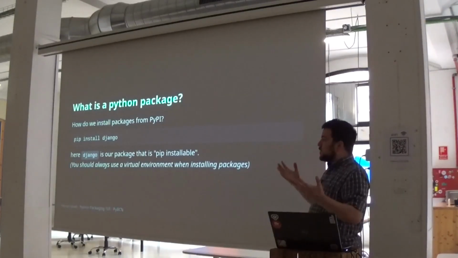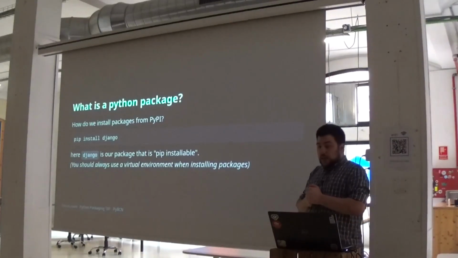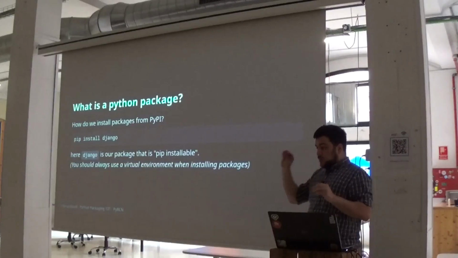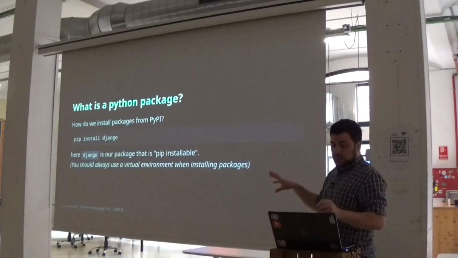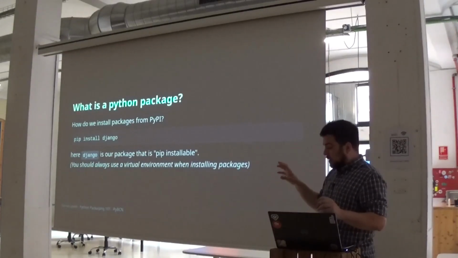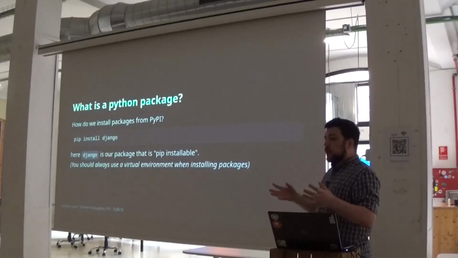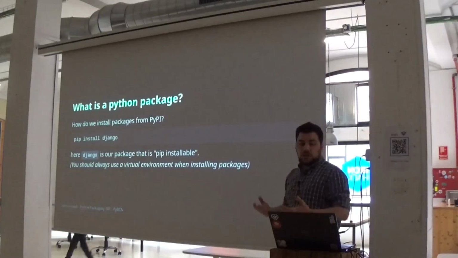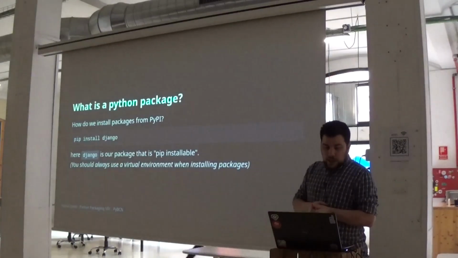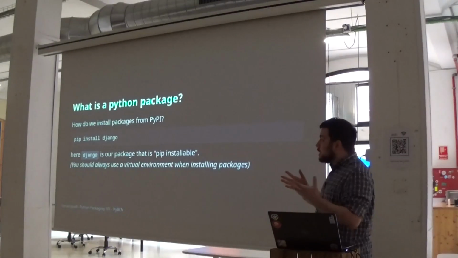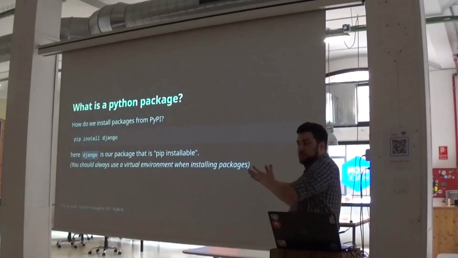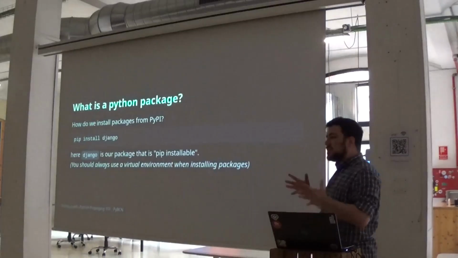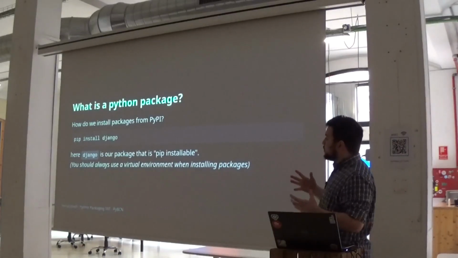For example, if you do pip install Django, then pip knows where to find these files and where to put them once it has downloaded them, and then you can do import Django in your code. And of course, we refer to Django as a pip installable package because we can just use pip to install it. And this is what we are going to learn how to do today.